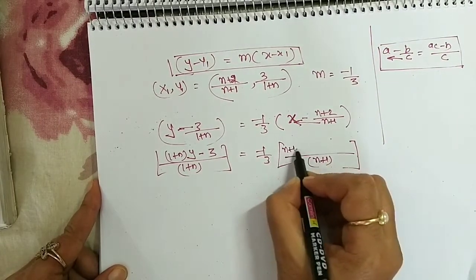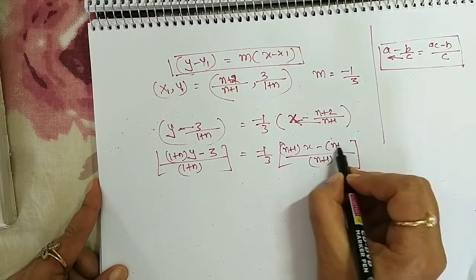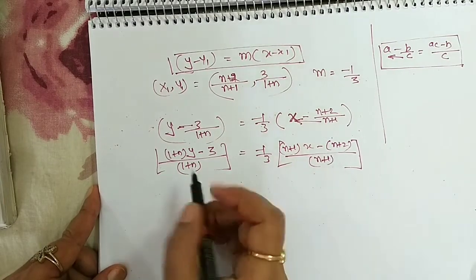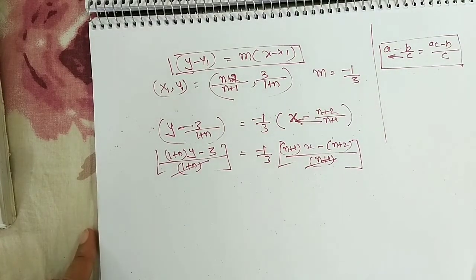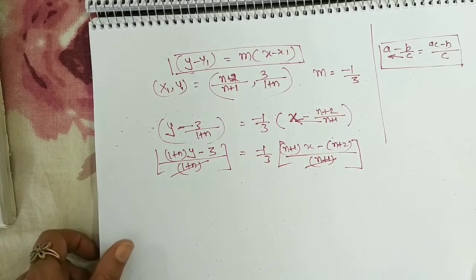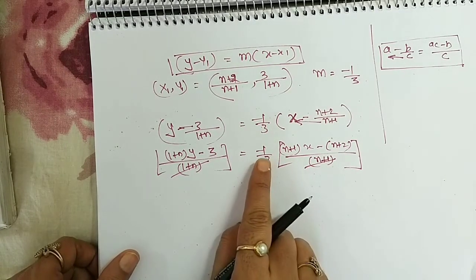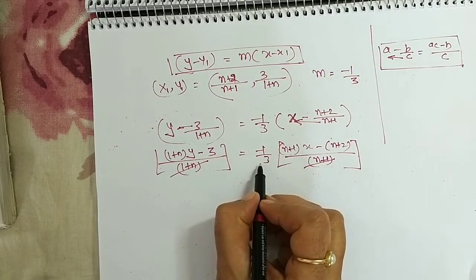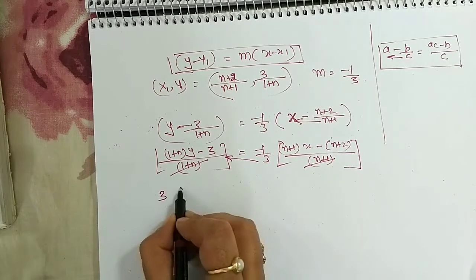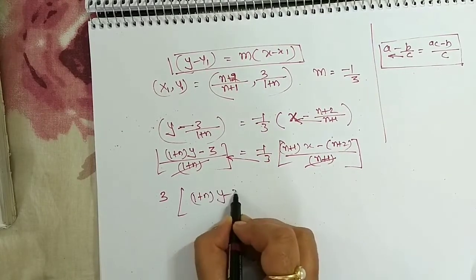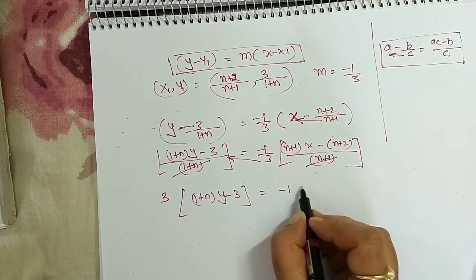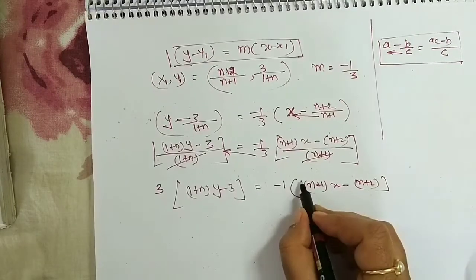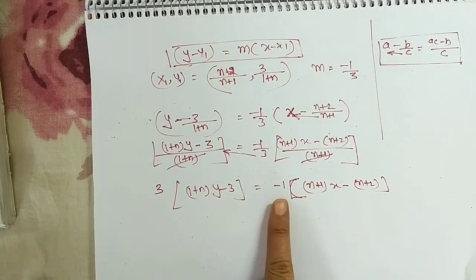So I am using it here: n plus 1 x minus of n plus 2. Now see guys, both sides have n plus 1. So can I cancel it? Yeah. After this, I am keeping minus 1 here and I am taking 3 to this side. So it will be 3 into 1 plus n y minus 3 is minus 1 into n plus 1 x minus n plus 2. This minus you keep outside.